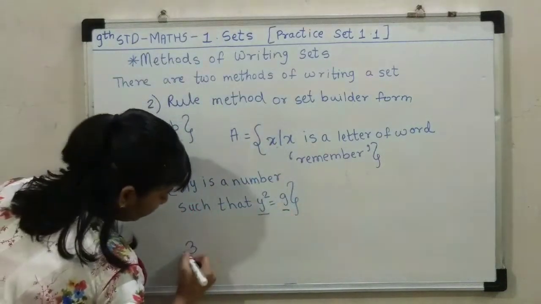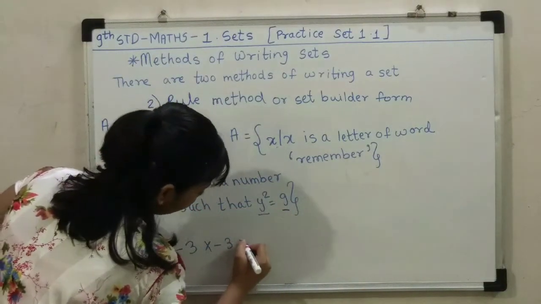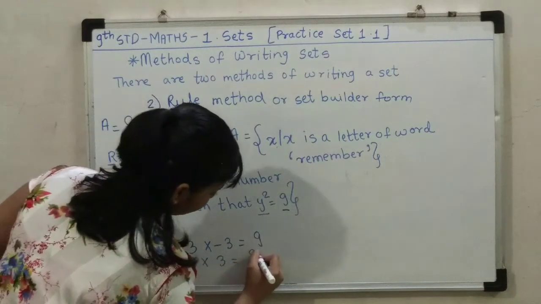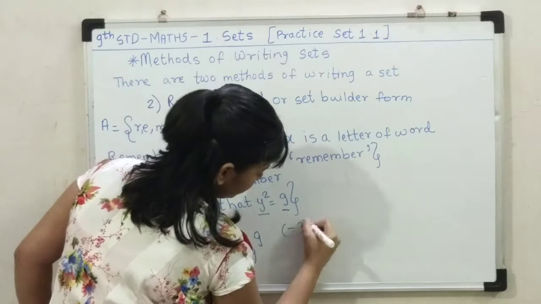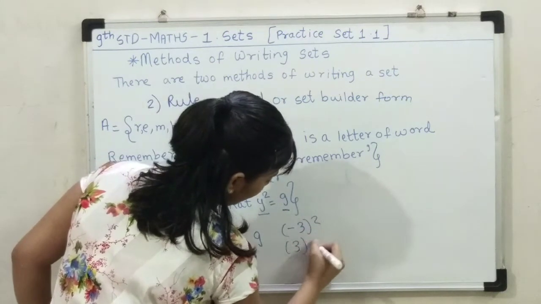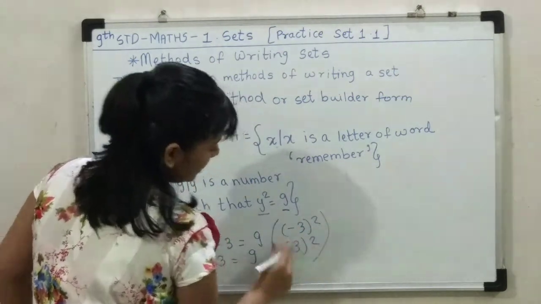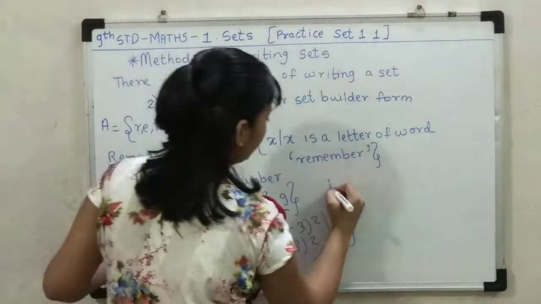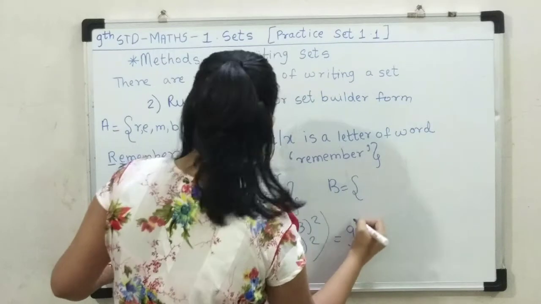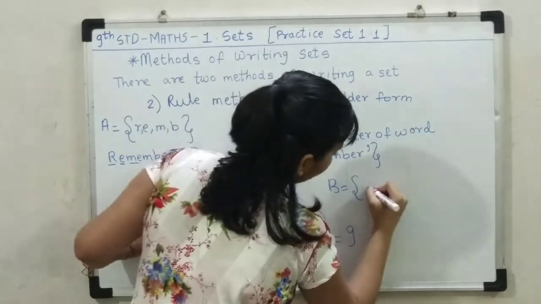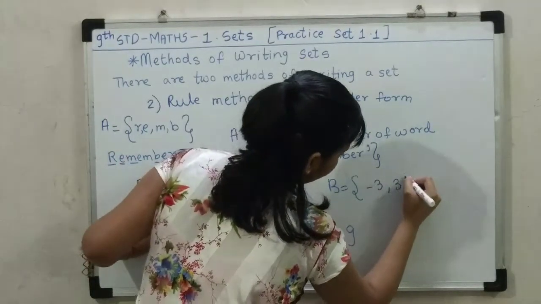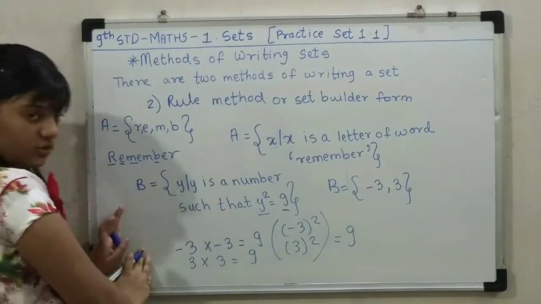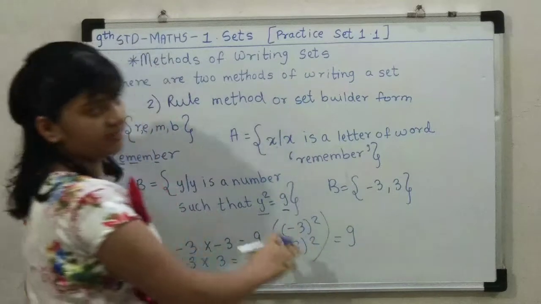So minus 3 into minus 3 is equals to 9, and 3 into 3 is also equals to 9, so both minus 3 square and 3 square are equals to 9. How will we convert it in the listing method? B is equals to minus 3 and 3. So we write this in the rule method and like this in the listing method.